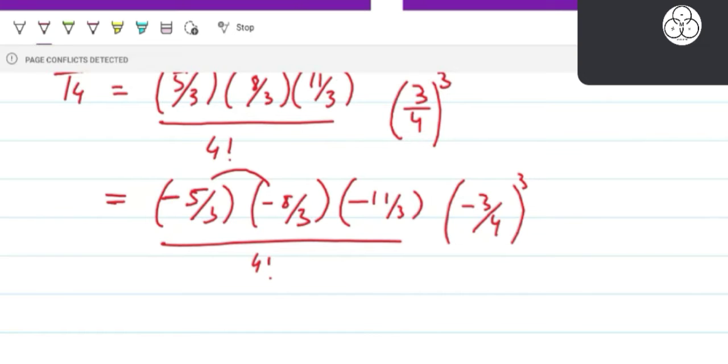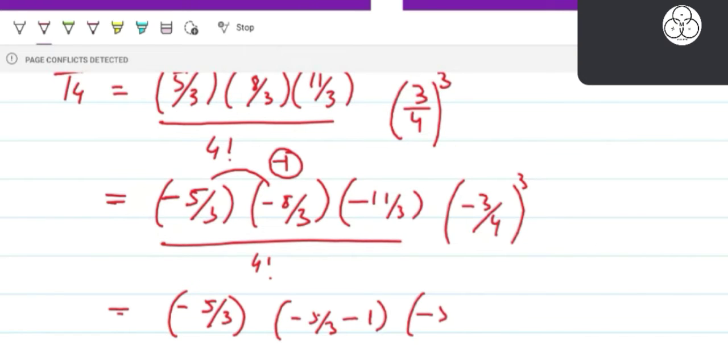Now they're decreasing by 1. So can we write them? Minus 5 by 3, minus 5 by 3 minus 1, minus 5 by 3 minus 2.